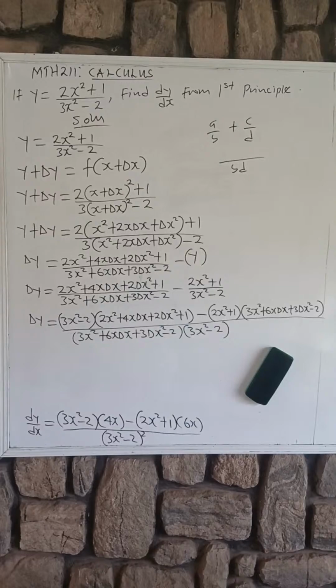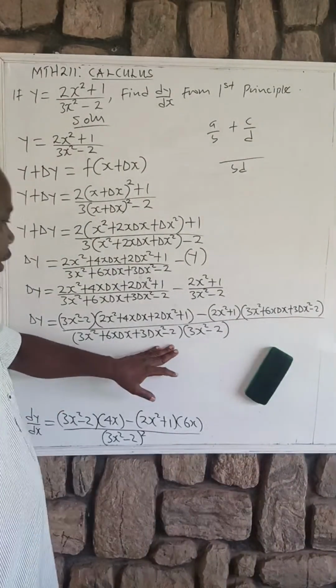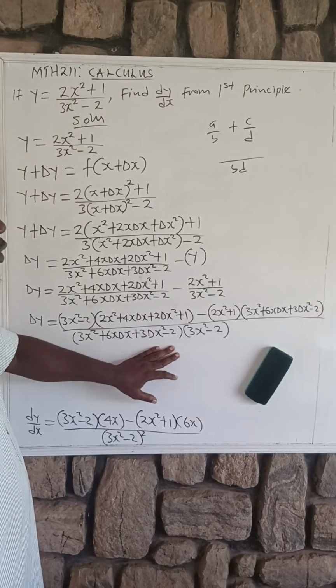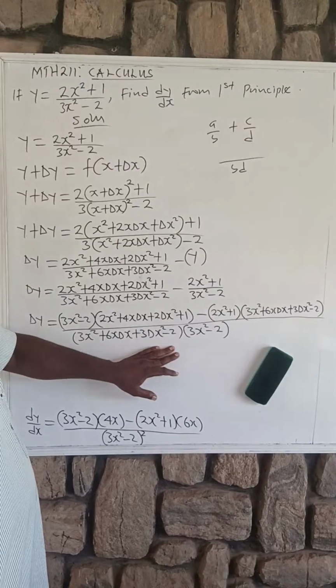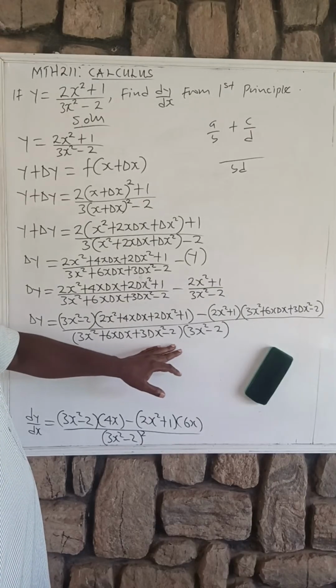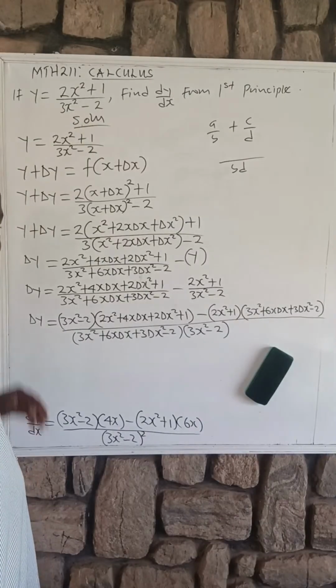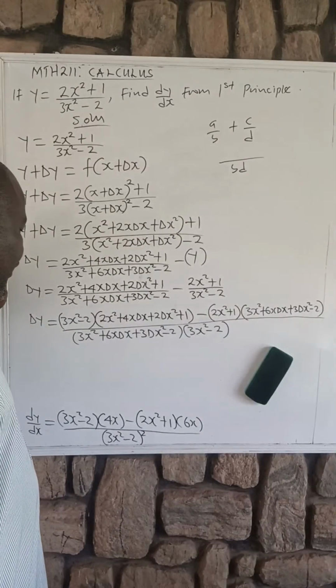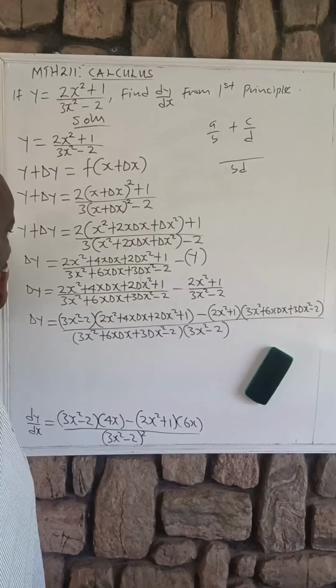So far so good. So this is what we are going to do. At this point, what you need to do is divide through by dx. Is that clear? You divide through by dx.